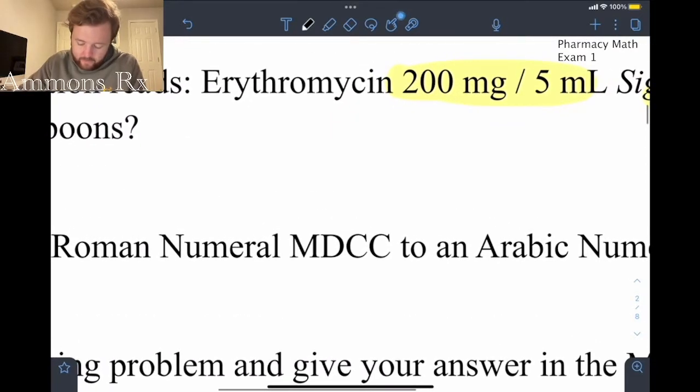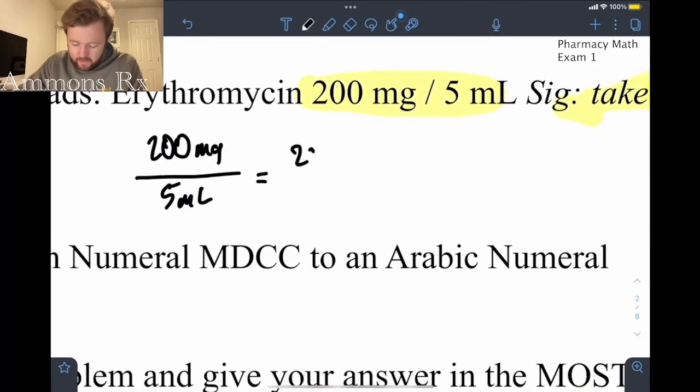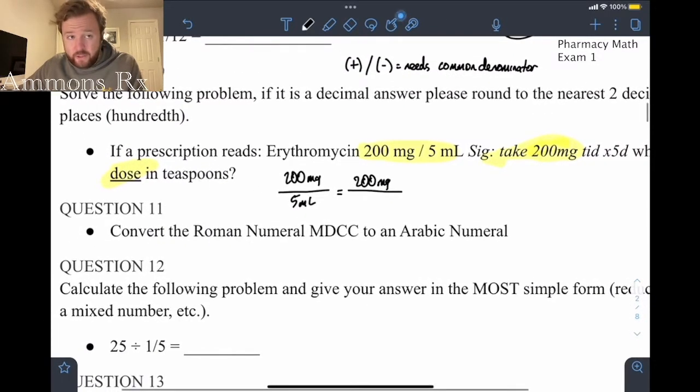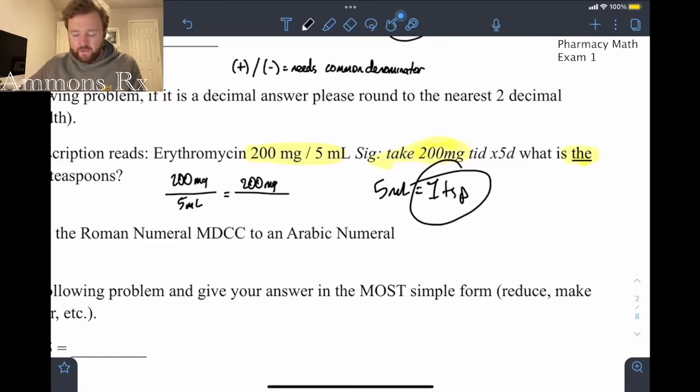I'll go ahead and write it out. But you're probably already thinking to yourself, okay, if we need 200 milligrams and we already know that there's 200 milligrams in every 5 mils, how many teaspoons are they going to take? How many mils is a teaspoon? 5 mils is a teaspoon. 1 teaspoon is the answer.